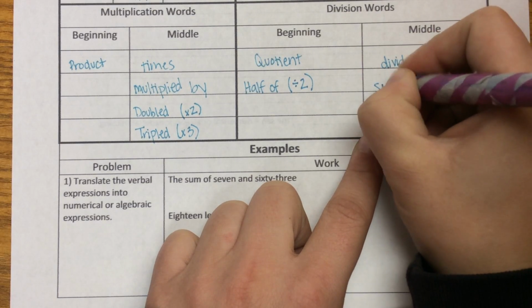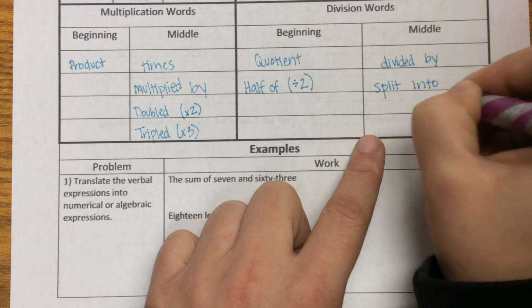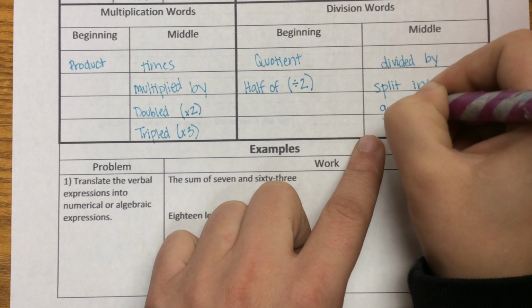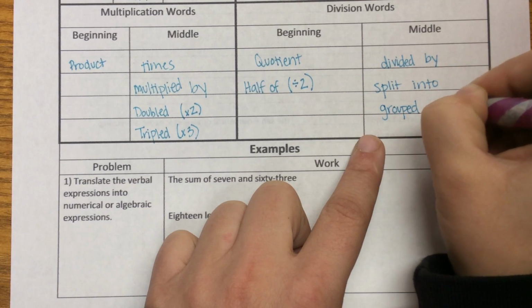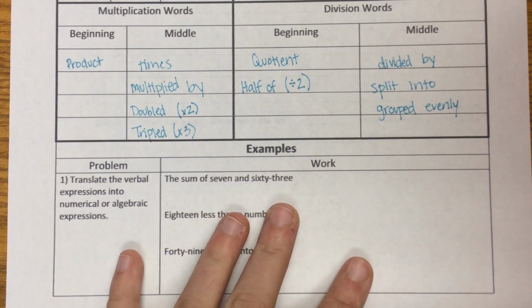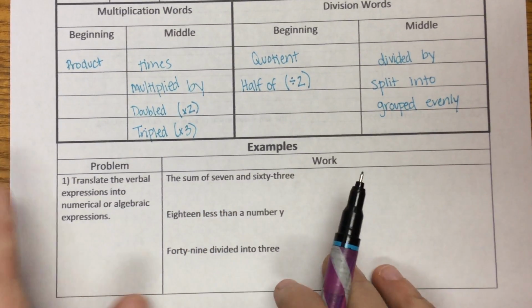Split into. Or grouped into, or grouped evenly, let's say that. Okay, so these first three, and I think there's more on the back. Yeah, there's some more on the back.